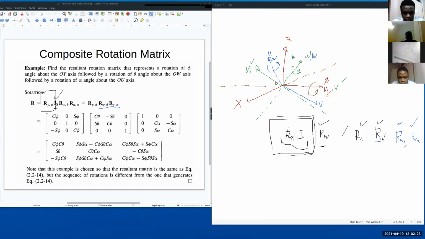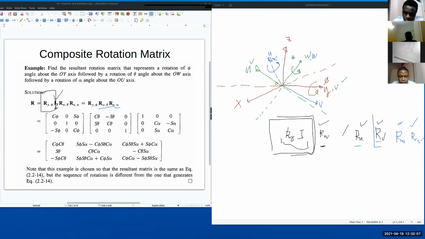Okay, but if you can see this pattern, it means that if you were moving only from here to there, you keep on post multiplying. But then there is this process that the rotation of R of U is actually pre-multiplied with RV. You understand?